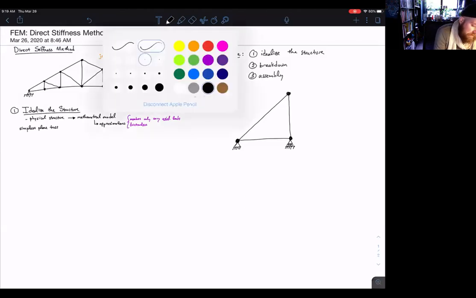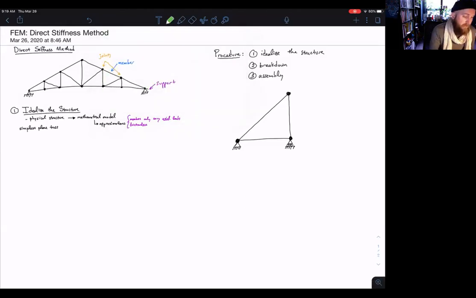And I'm going to be very explicit about labeling some of this, and this is going to become important as we go forward. I'm going to put the origin of the coordinate system at the lower left-hand part of this structure. Here will be the x direction, here will be the y direction.